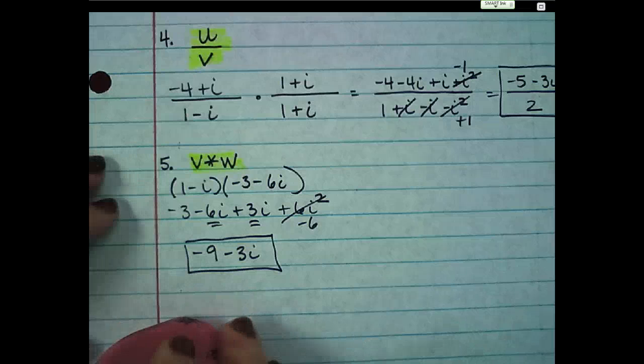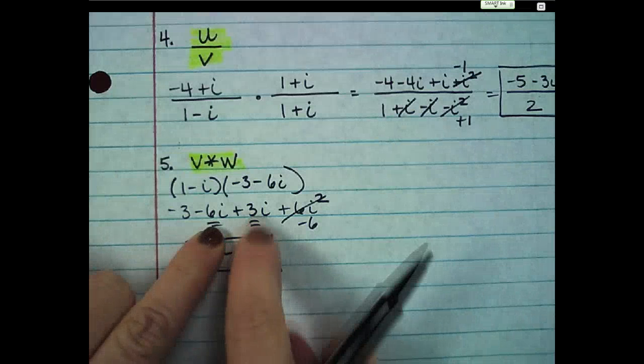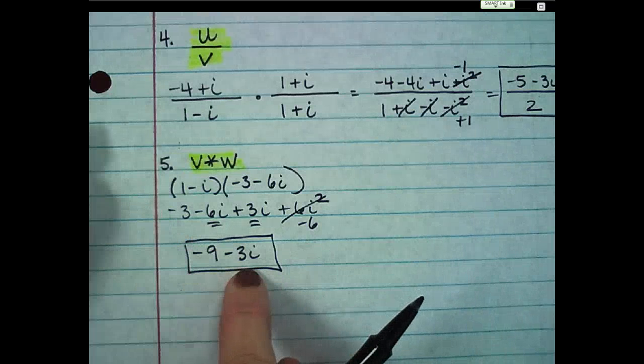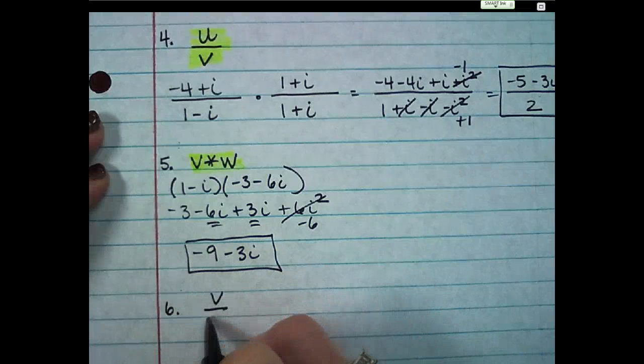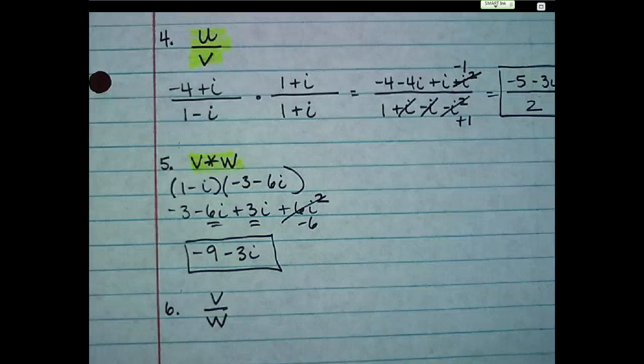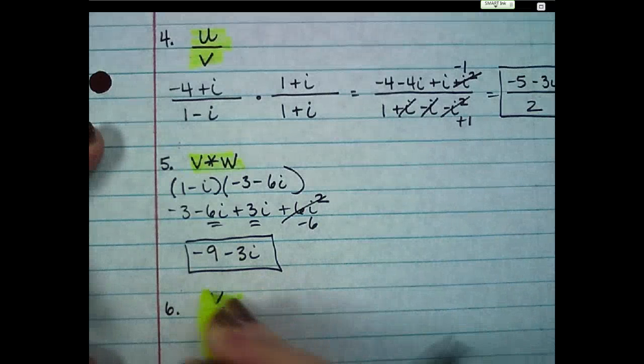Okay, now let's do number 6. Question? Plus 3i or minus? Well, -6i and a plus 3i would be -3i. Number 6 is another division problem. Let's try it. V divided by W. It's another division problem.